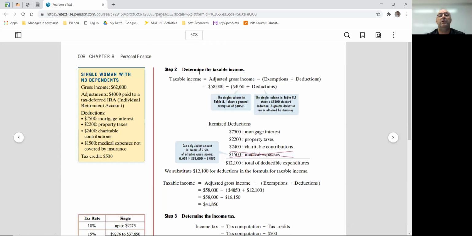The next thing is to determine the taxable income, and this is the first little change we make. Basically, the exemptions is $0 right now. So we need to determine whether her itemized deductions are more than the standard deduction. The textbook does the total of her itemized deductions. She doesn't get to use her medical expenses because she didn't have enough medical expenses, so her total itemized deductions would only be $12,100.